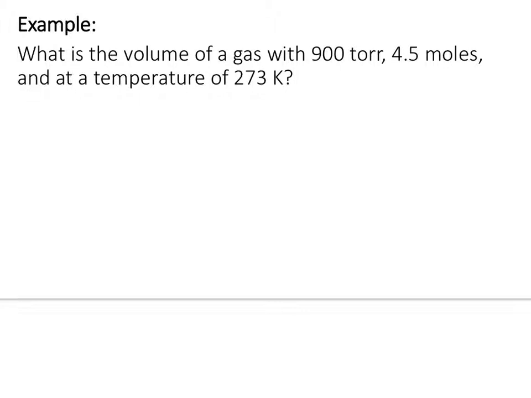All right, welcome back. So, PV=nRT. Again, they didn't say anything like we're changing our temperature or we're changing our volume, so that means that you are just using the ideal gas law. That is 900 torr, which, when you convert to atm, is 1.18 atm.